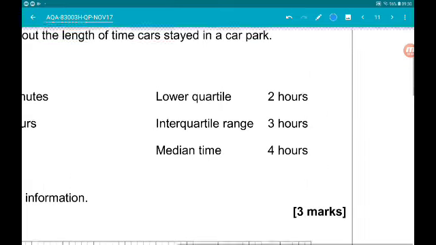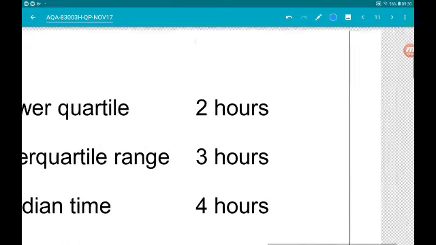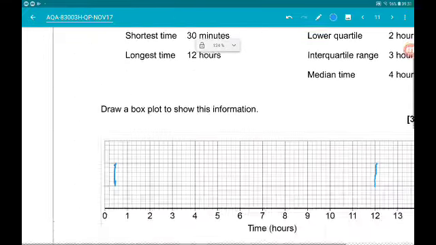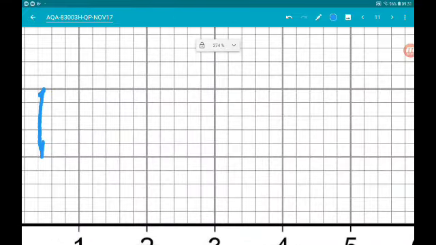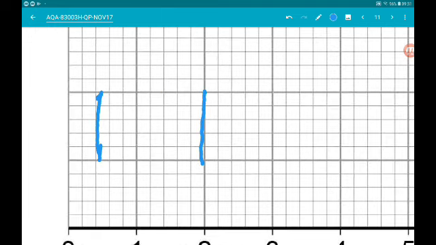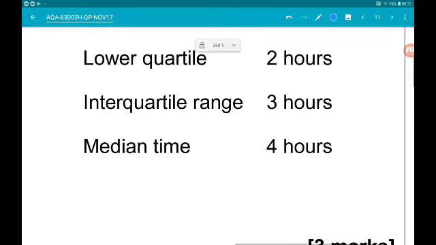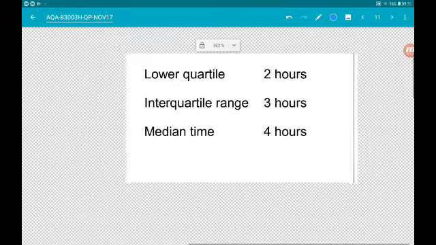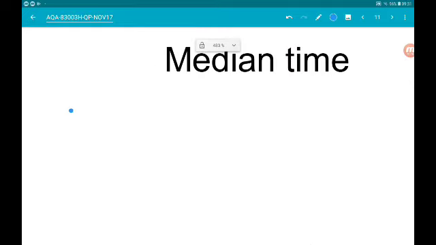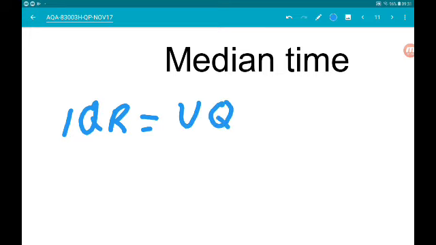Now we know that our lower quartile was 2 hours. So that's here. So we can draw our whisker. We know the interquartile range was 3 hours. Now, interquartile range is the upper quartile minus the lower quartile.